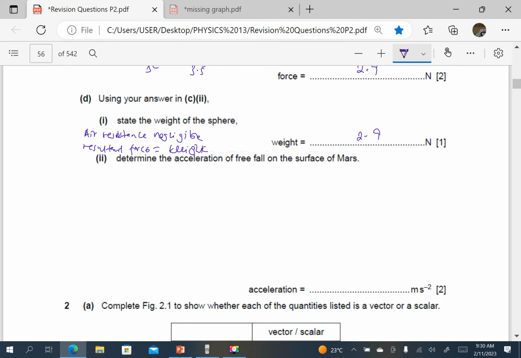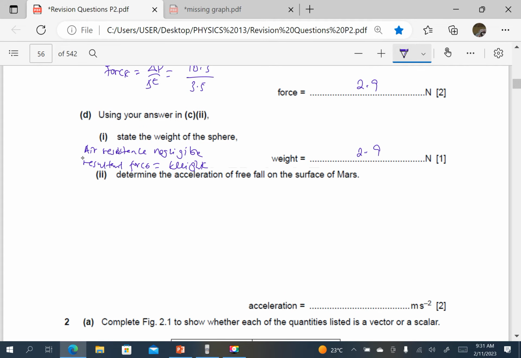Determine the acceleration of free fall on the surface of Mars. Acceleration of free fall. So we know that the weight is equal to mg. That means g is going to be the weight, which is 2.9 divided by the mass, which is 0.78.